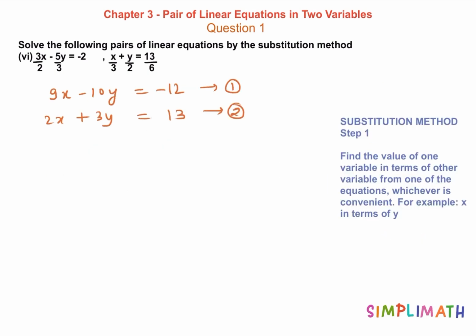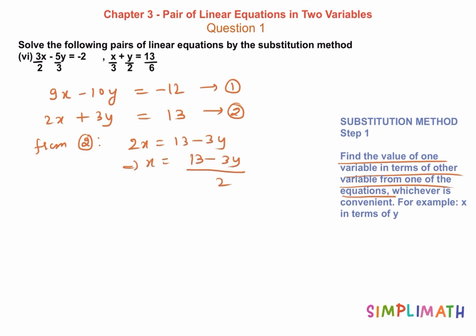Now step 1 of the substitution method says to find the value of one variable in terms of another variable from one of the equations. So from equation number 2, I can say that 2x equals 13 minus 3y, and x is equal to 13 minus 3y by 2. Let this be equation number 3.